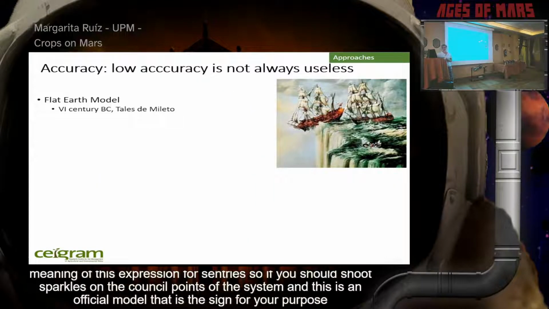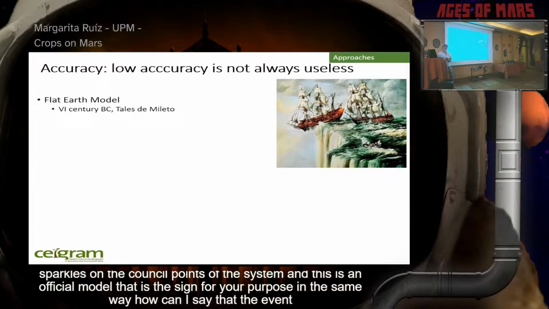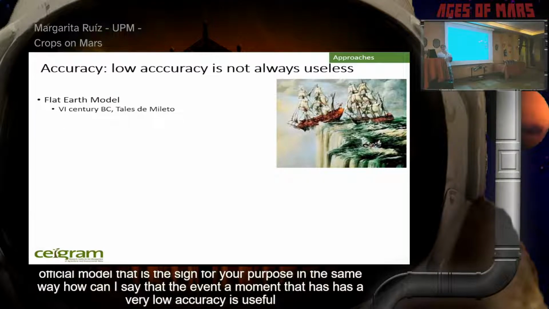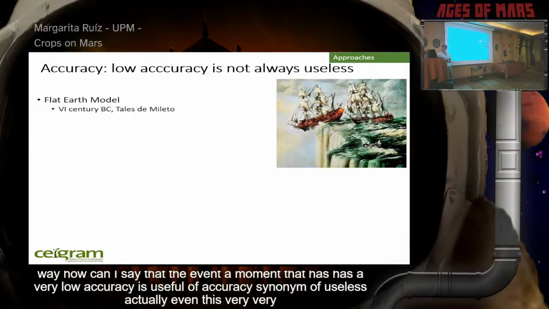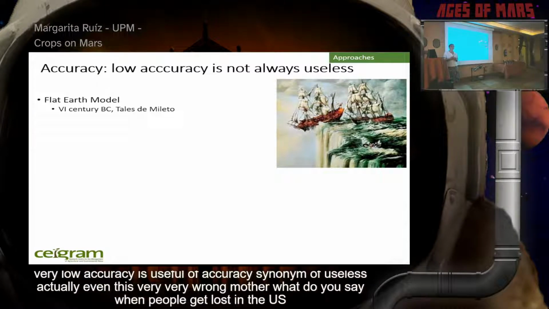In the same way, how can I say that a model that has very low accuracy is useful? Is low accuracy a synonym of useless? Actually, even this very, very wrong model was useful when people got lost and went very far away.